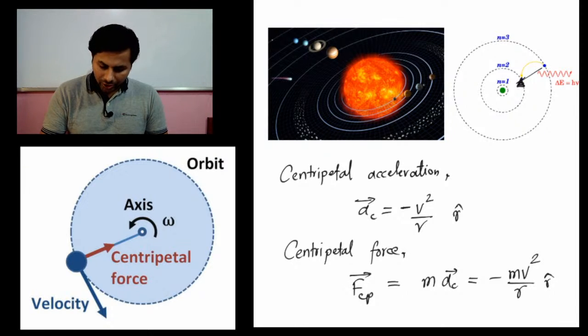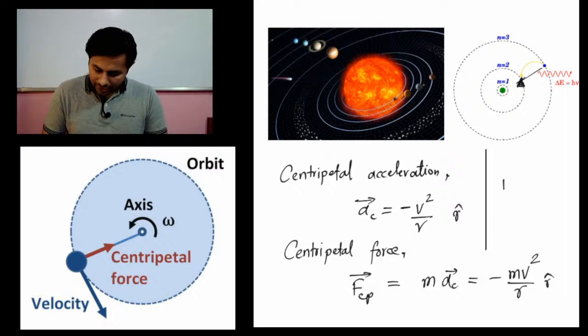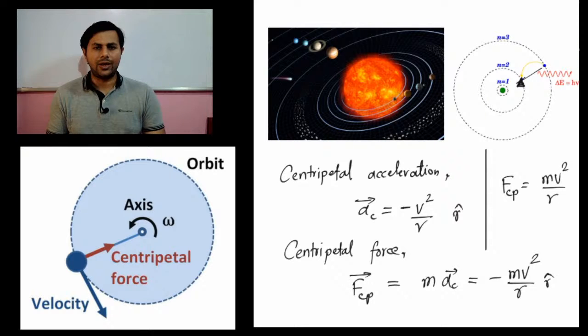If you want just the magnitude of the centripetal force, then F_cp is equal to m v squared over r. All right, so the force required to keep an object moving in a circle is known as the centripetal force. Is this clear?